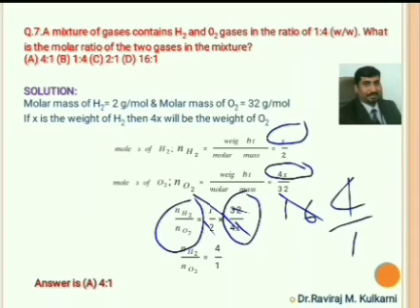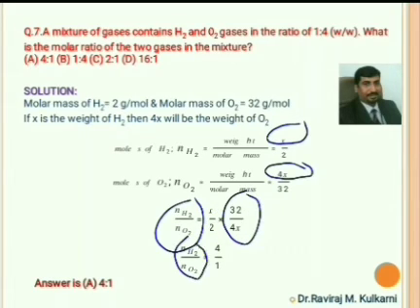So the mole ratio becomes nH2 divided by nO2 is 4 by 1. So the answer is A, 4:1.